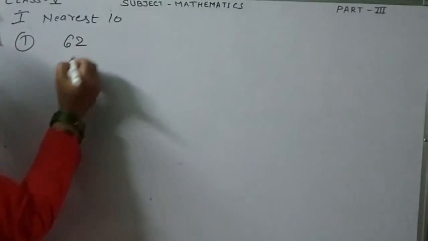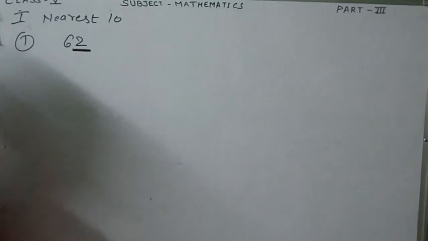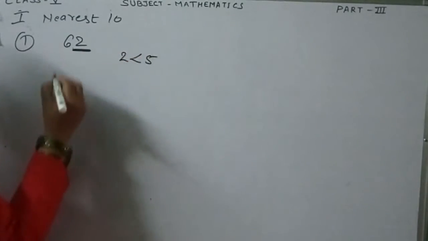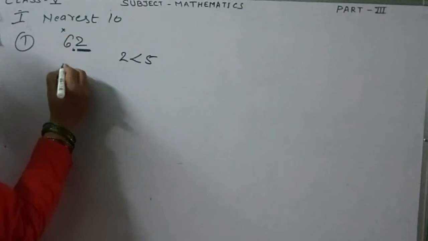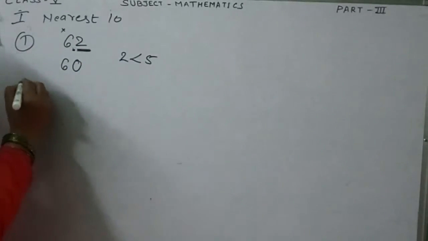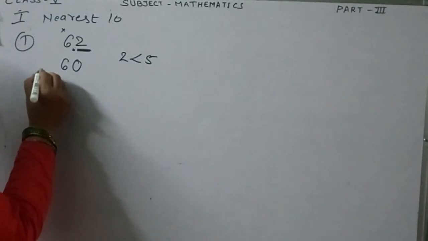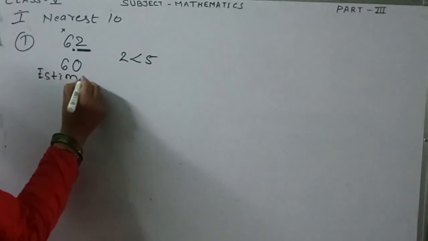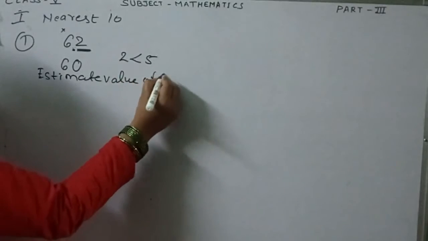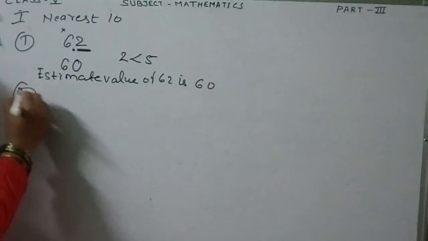In case of nearest 10, what I told you is to check the ones value and compare with 5. 2 is less than 5, so no need to add anything; simply write 6 and put the 0. So the estimate value of 62 is 60. That is your answer.